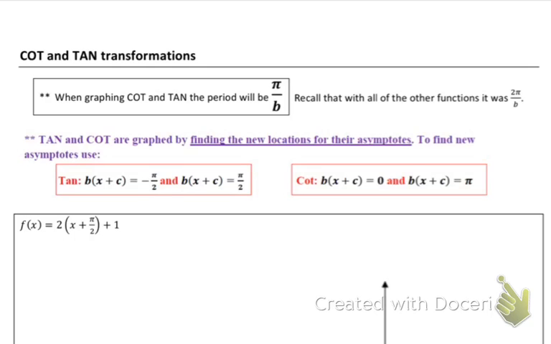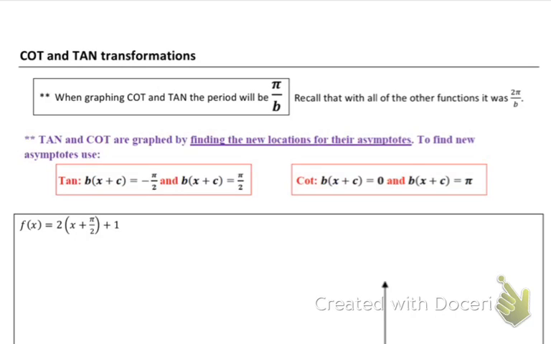All right. Transformations. Like I said, forget everything we know about sine and cosine. Yes, things are still true. Things affect our period the same way. Things affect left or right. But how we graph these is actually going to change. First of all, big change. Cotangent, tangent, period will be pi over b.